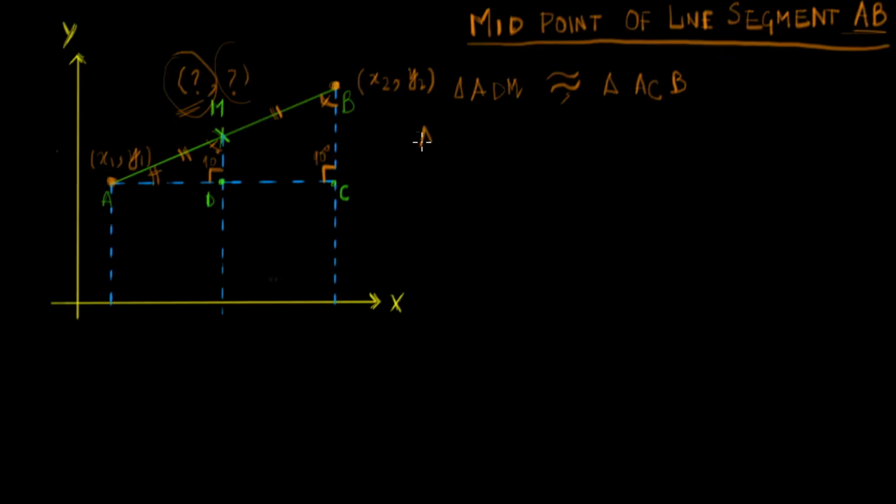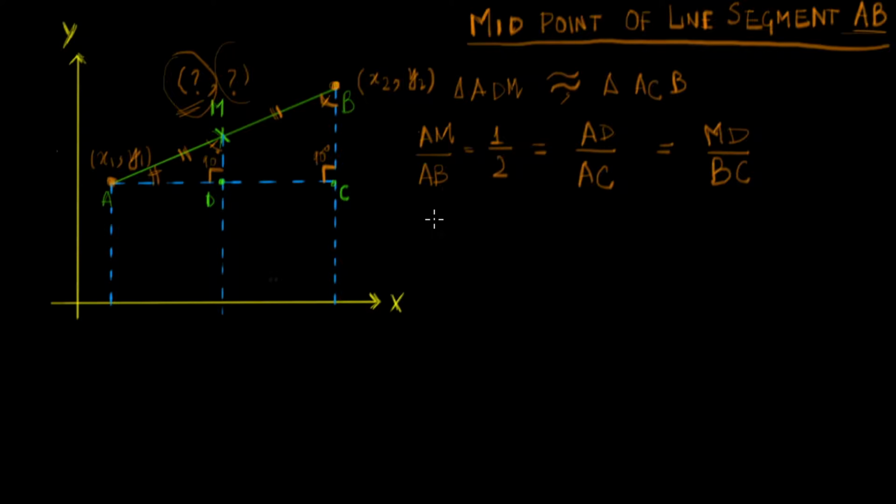So we know that AM by AB is 1 by 2. That is, the ratio is half. And by the logic of reasoning, of similarity, we can say that AD is also half of AC and MD is half of BC.